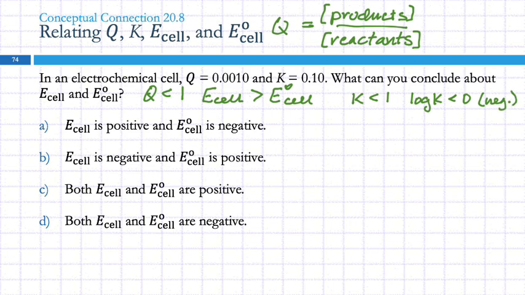And if the log of K is negative, then the standard cell potential is also negative. And this told us, hang on a minute.